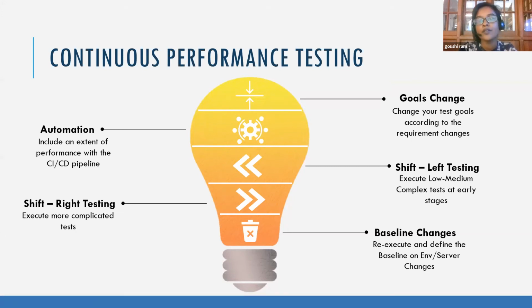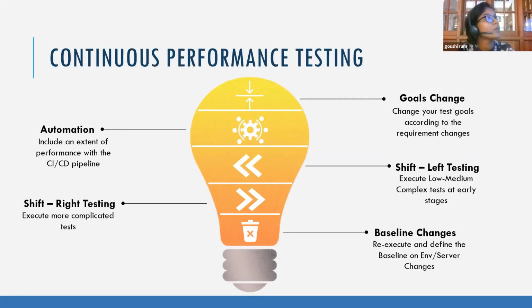So here we perform only component level testing. Within this, we only understand the individual impact of these components and identify them early and fix them early before we aggregate it to an application level test execution.